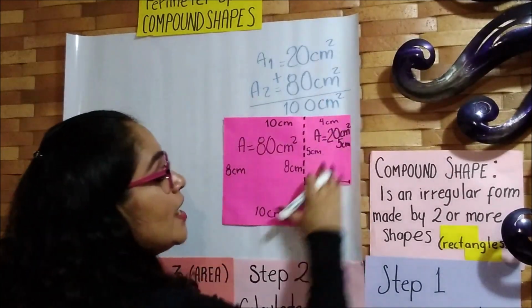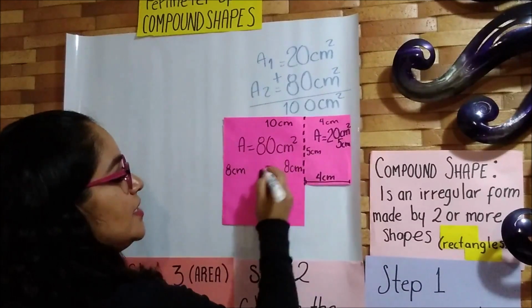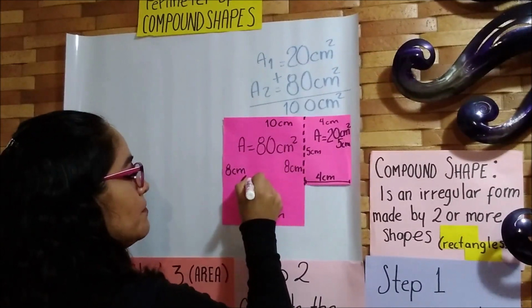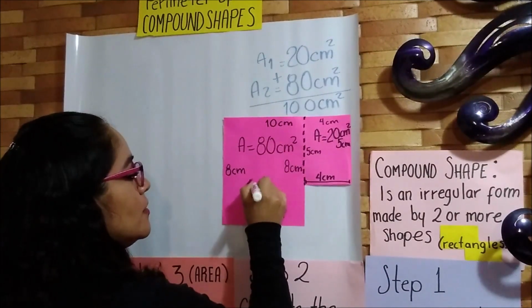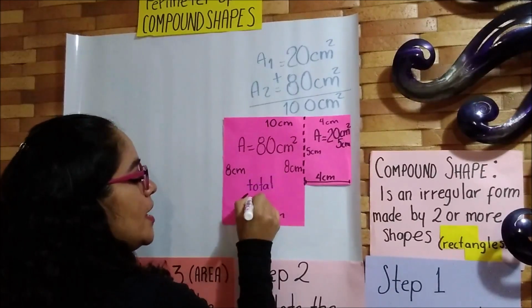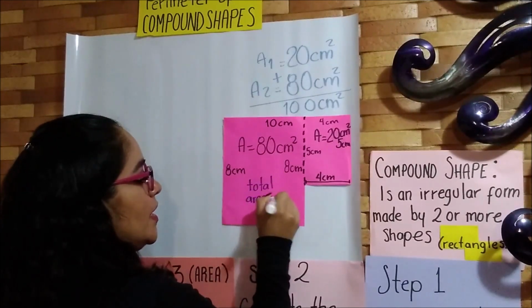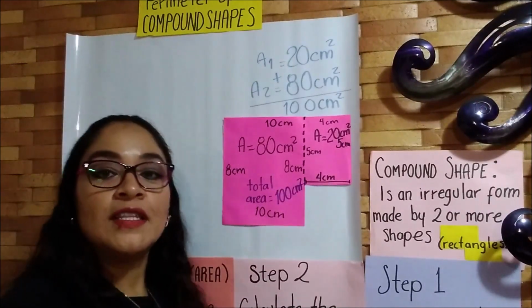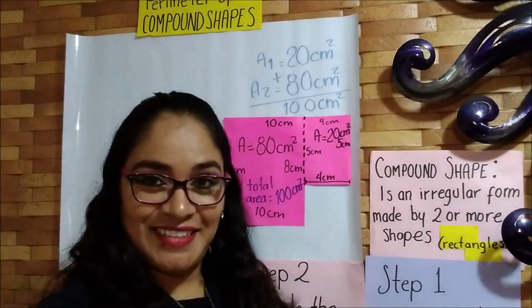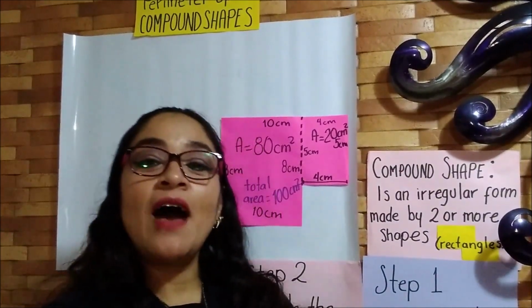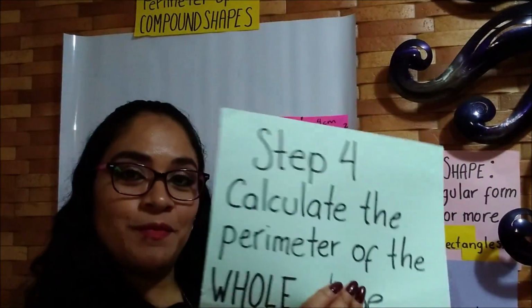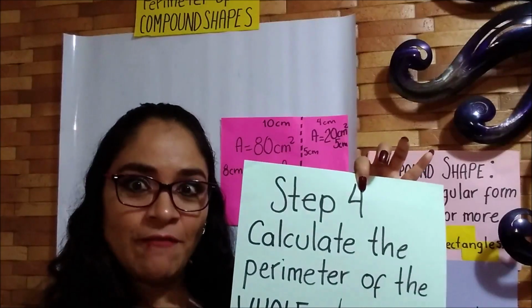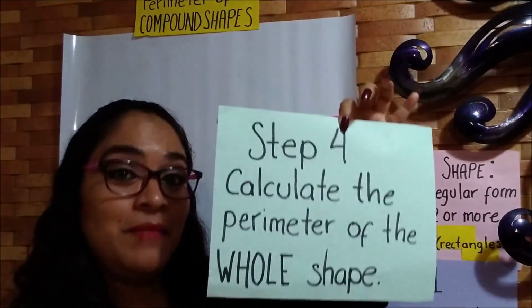So the area for all this compound shape, let's write it like total area, is 100 centimeters squared.